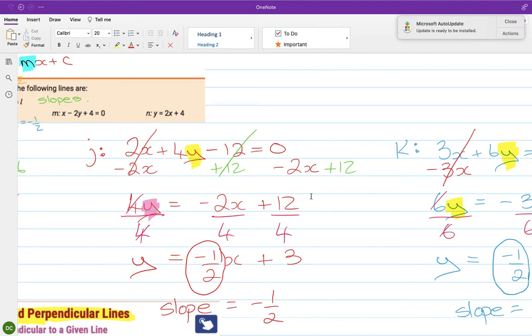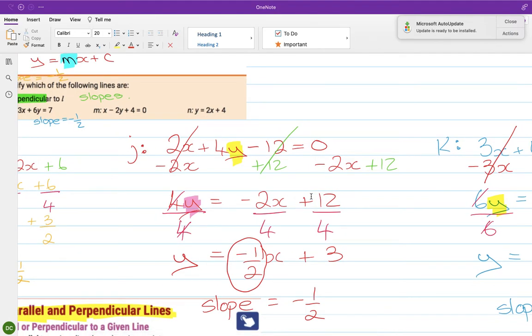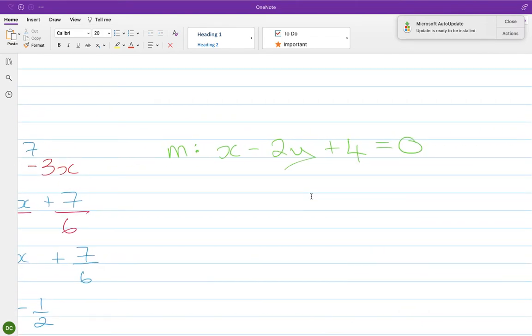Then we're going to do m. So m is x minus 2y plus 4 equals 0. Okay, so we are trying to isolate the y. So we'll need to do minus x. We'll need to do minus 4 and minus 4.